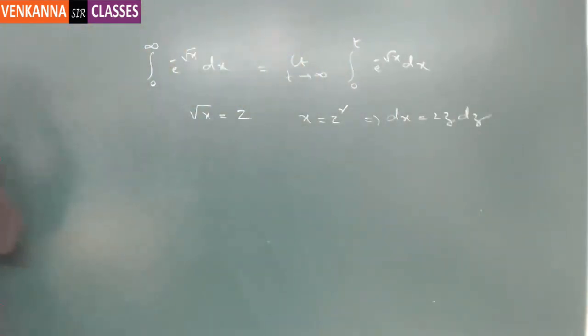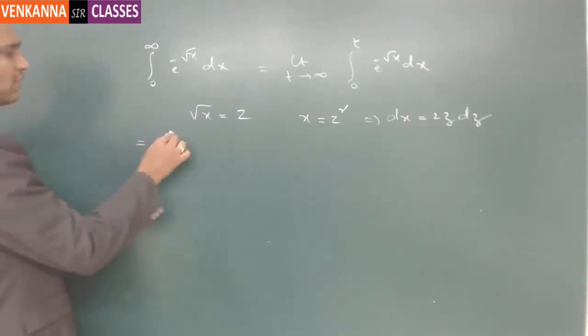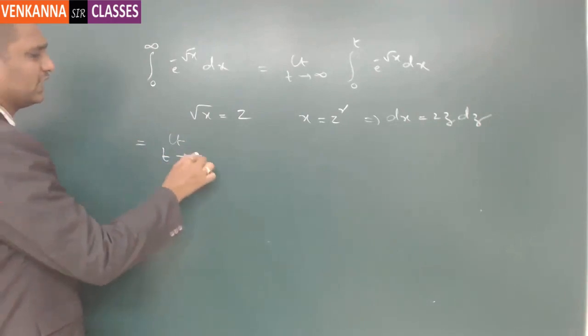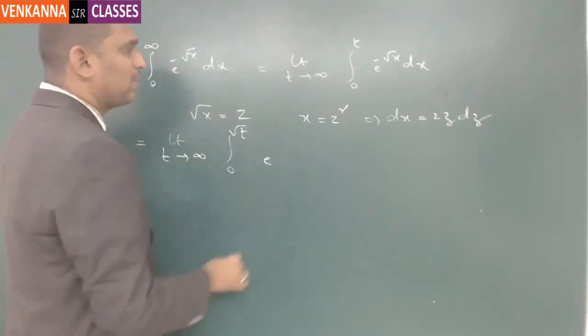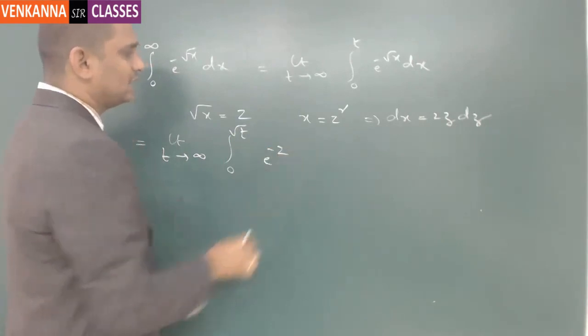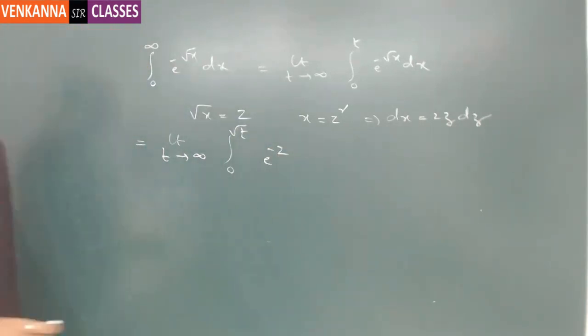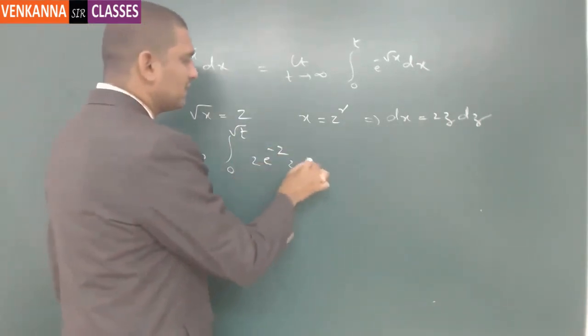Since x is varying from 0 to t, z will vary from 0 to root t, because root x is equal to z. So this is equal to limit t tends to infinity, integral 0 to root t e power minus z, and dx is nothing but 2z dz.